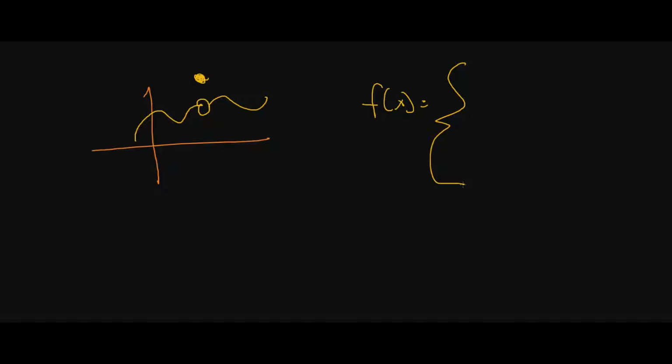So for example, if I was to create a graph that looks something like this, boom. If I was to write an equation for this, we would have some equation, and let's call this 3, okay? That means we have some equation here.